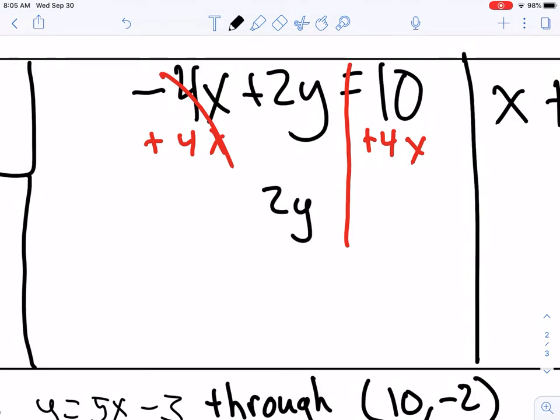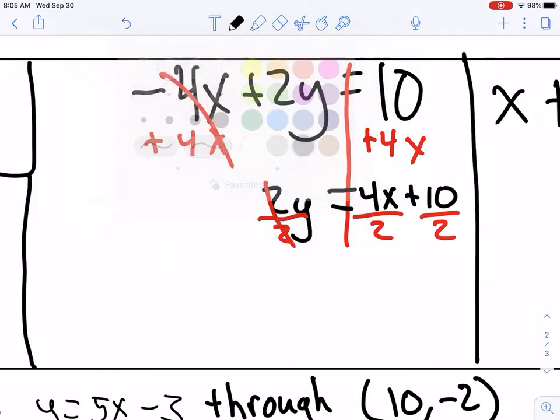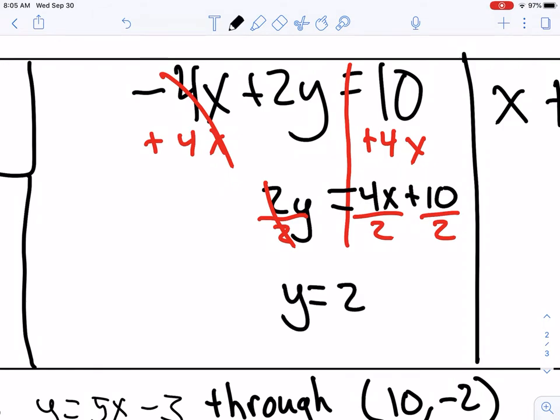So I'm going to leave them separate. 2y equals 4x plus 10. And then to get y by itself, I need to divide by 2. When I divide by 2, I have to do it to every term. So I'm canceling that out, and I'm left with y equals 4 divided by 2 is 2x plus 5.